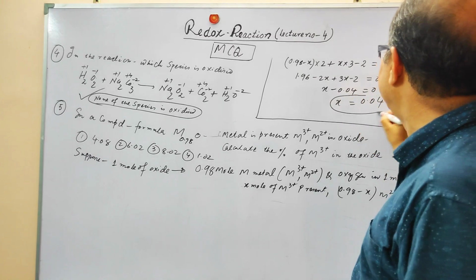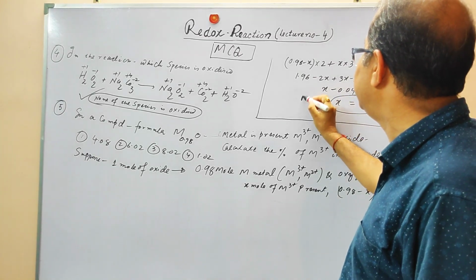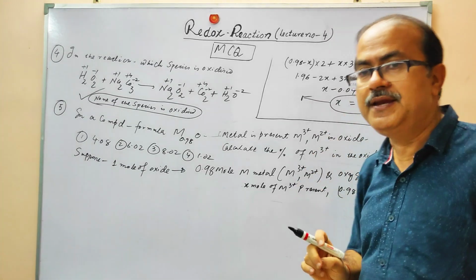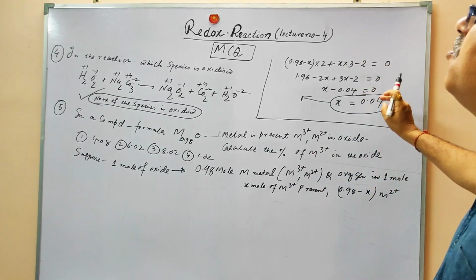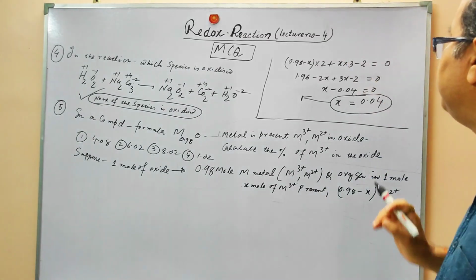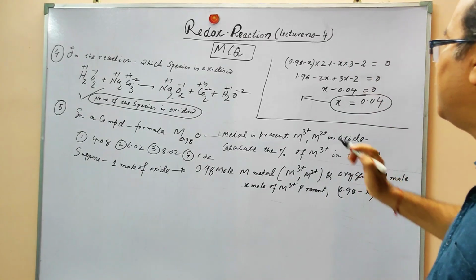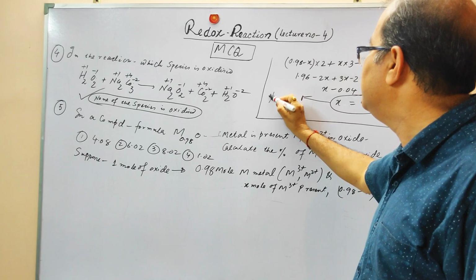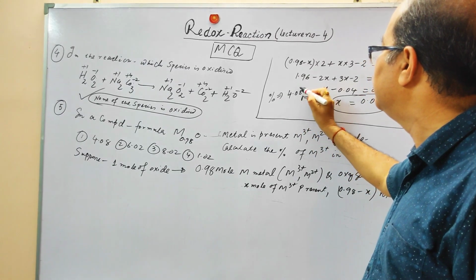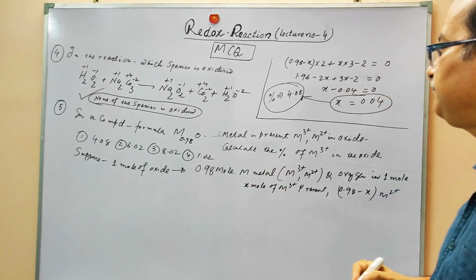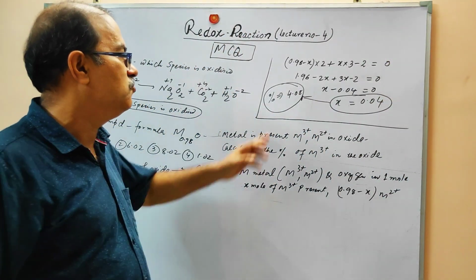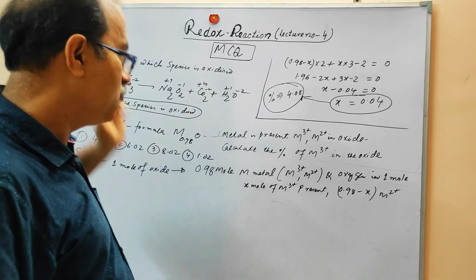Now we convert this 0.04 into a percentage. Out of 0.98 moles, you have 0.04 moles of M3+. So when you calculate the percentage, you can easily understand that the percentage is 4.08.